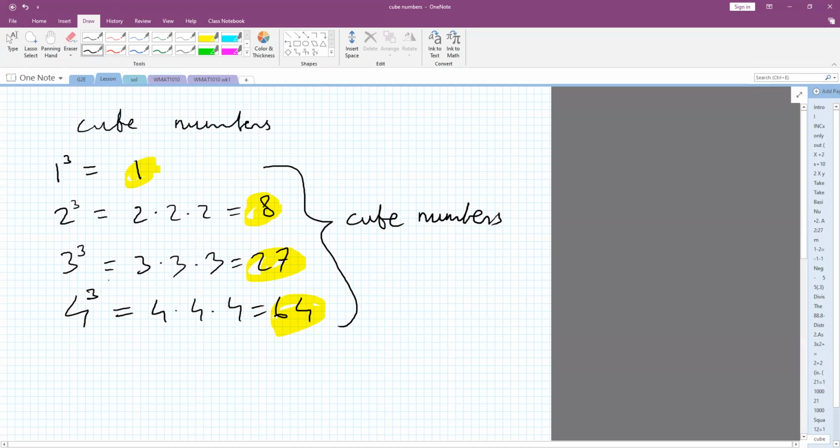The base can be any number, but the power has to be 3 for a cube number. So do you think 1000 is a cube number or not? It is a cube number. Why is that? 10 times 10 times 10 is 1000. 10 cubed gives you 1000. Okay, now here's the thing.